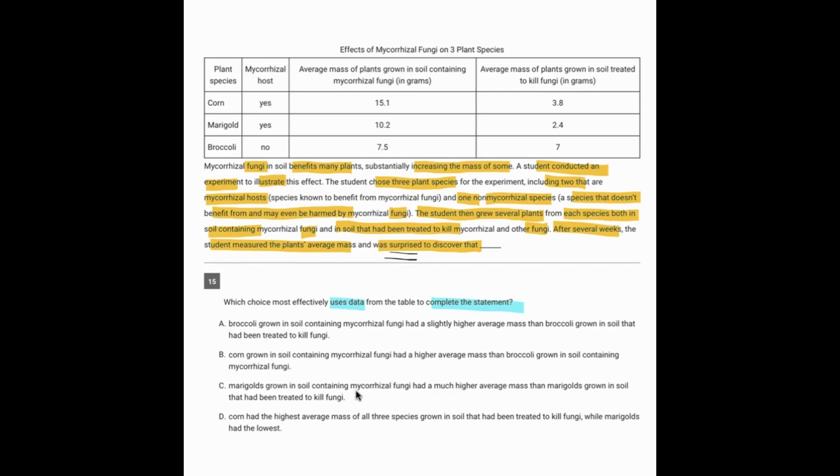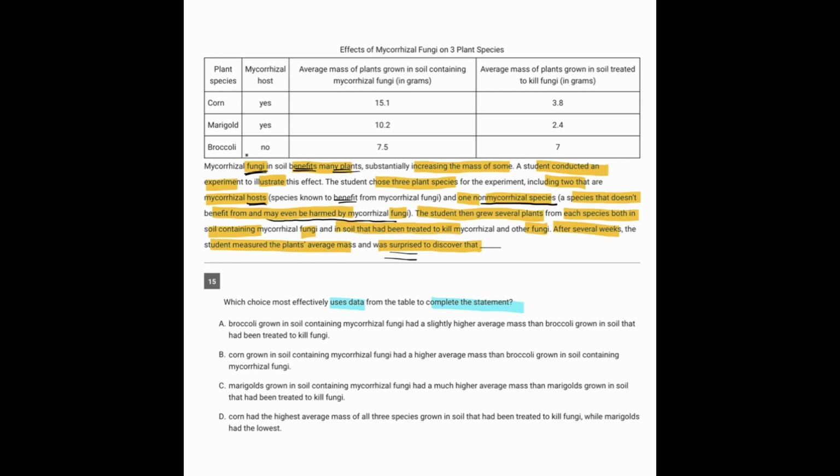Let's see. Now the main claim is that the fungi benefits many plants, but the way the experiment was put together, some of the plants that were being measured were hosts that are known to benefit from the fungi, and some were non-mycorrhizal species. In other words, the ones that typically don't benefit from fungi and may even be harmed by the fungi.